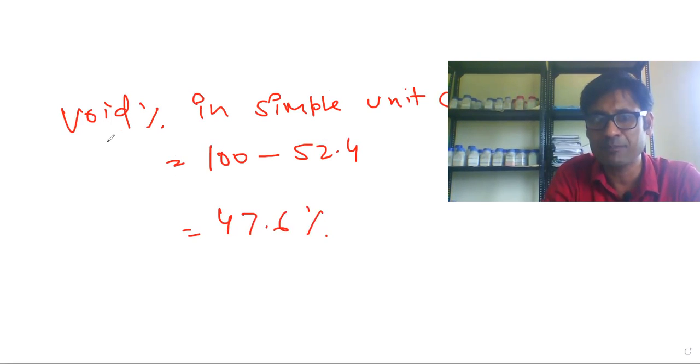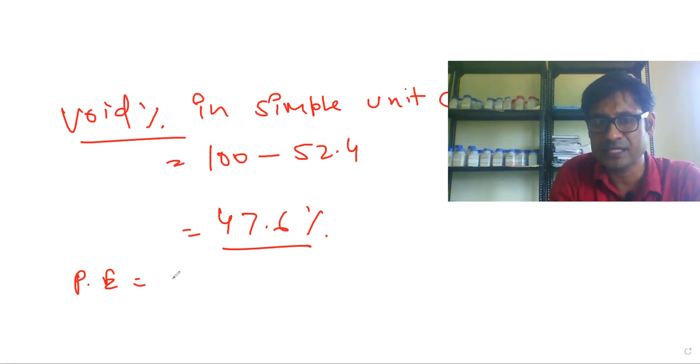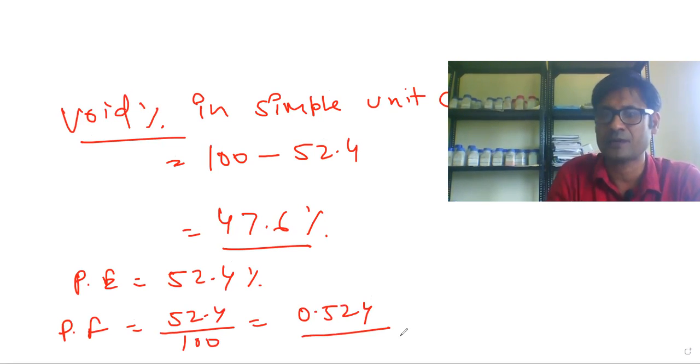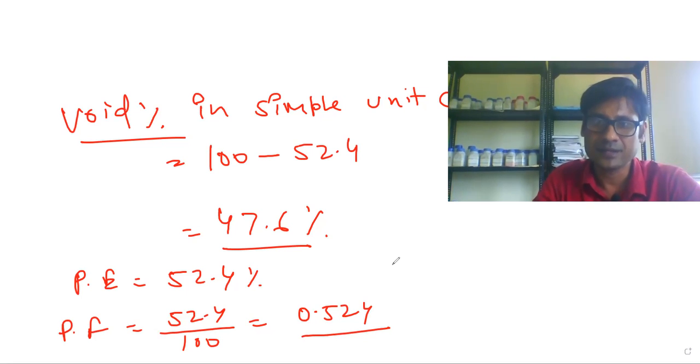The void percentage is 47.6, packing efficiency is 52.4%, and packing fraction is 52.4 divided by 100, which means 0.524, right? So this is simple unit cell.